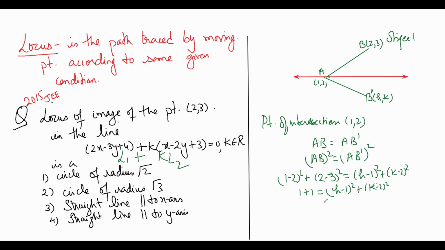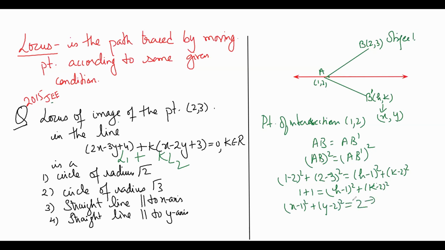Whenever you have to find a locus, if you have taken the point as (h, k), in the last step you have to replace h by x and k by y. So I'm just replacing h by x and k by y. What I get is (x minus 1) whole square plus (y minus 2) whole square equals 2.